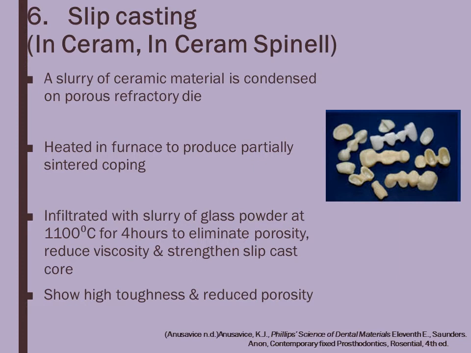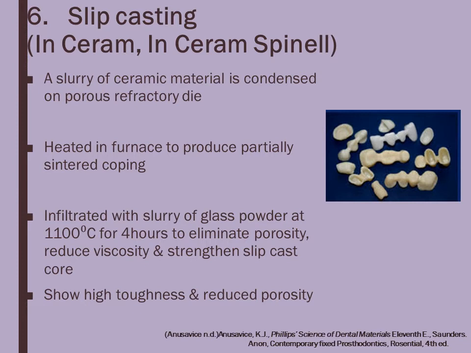So a partially sintered coping is basically like an outer layer or a substructure of your prosthesis, and then the coping is further built upon, and it is infiltrated with a slurry of glass powder at a higher temperature of 1100 for 4 hours to eliminate porosity, reduce viscosity, and strengthen the slip cast core. And this kind of ceramic shows high toughness and reduced porosities.